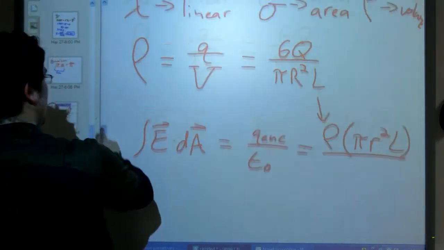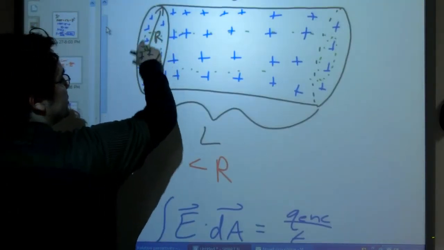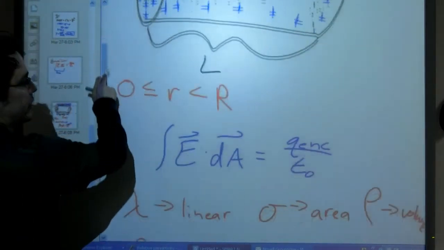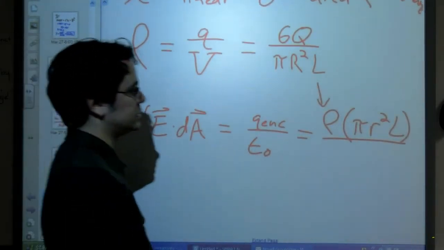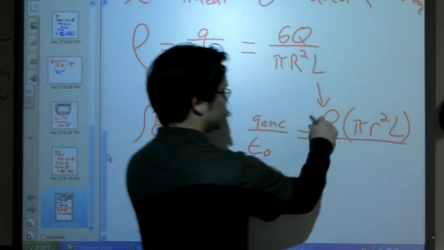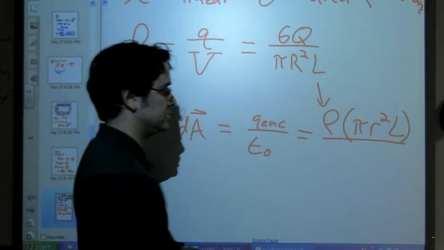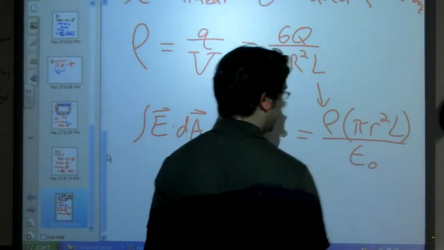That's the volume of the Gaussian surface cylinder that I'm putting out there. So this is the volume enclosed times the charge density. That tells me the total charge inside that Gaussian surface, divided by epsilon naught.